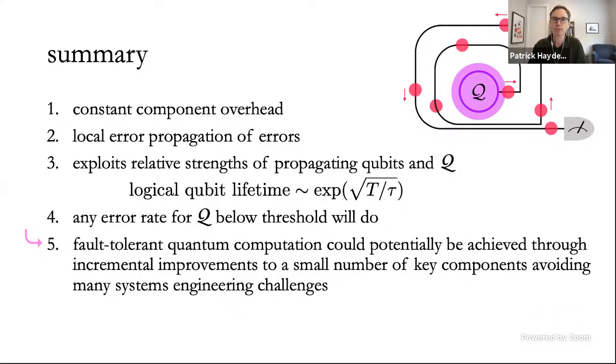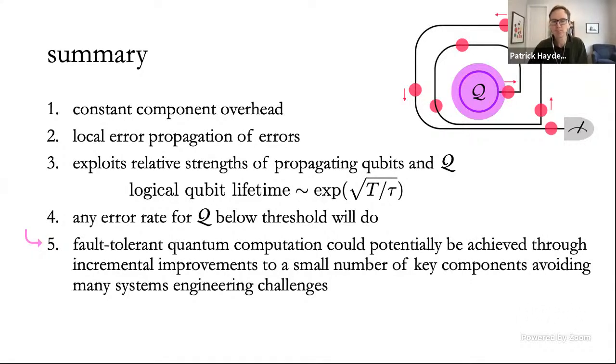And again, I'll just stress that with respect to the emitter, it is sufficient to get the emitter error rate down below threshold, like 10 to the minus 3. And at that point, improvements only in the quality of the waveguide will lead to dramatic improvements in the lifetime of the logical qubit.